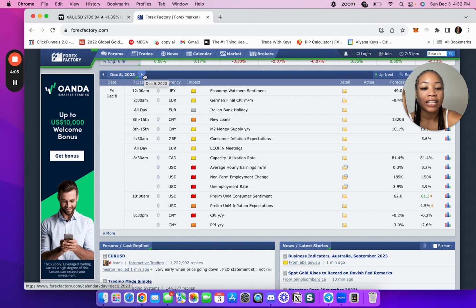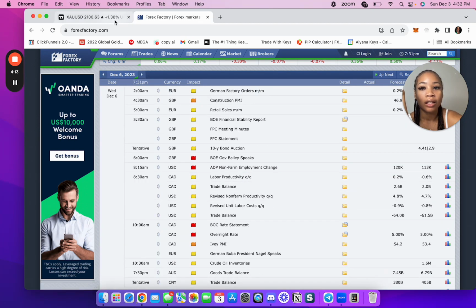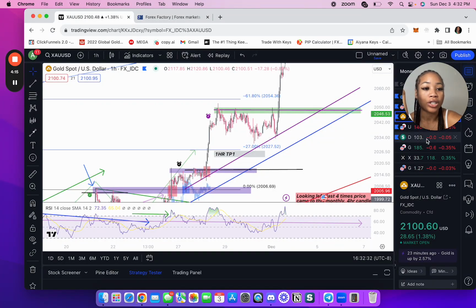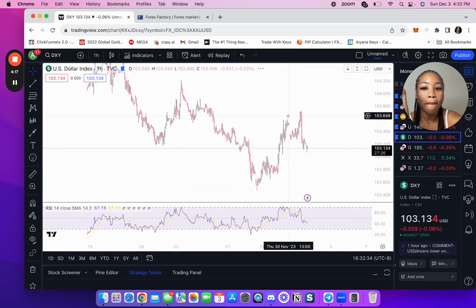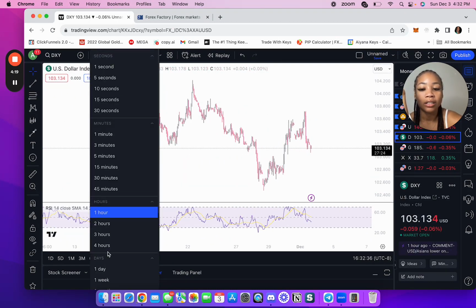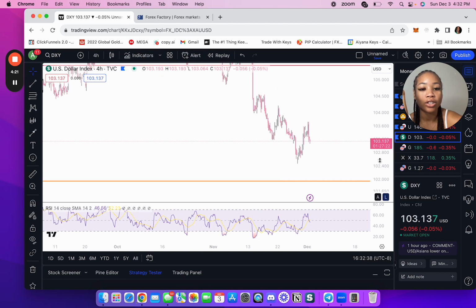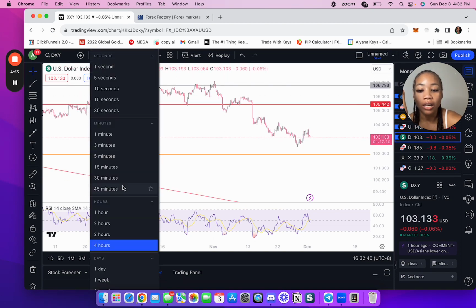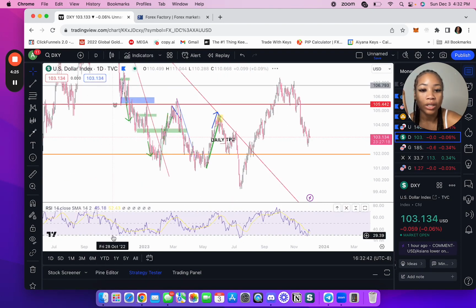I can see the dollar, based off the forecast on what's going on, could possibly be pushing down a little bit more, because I also looked on the DXY chart, which is the dollar. Was it on the daily or the weekly?